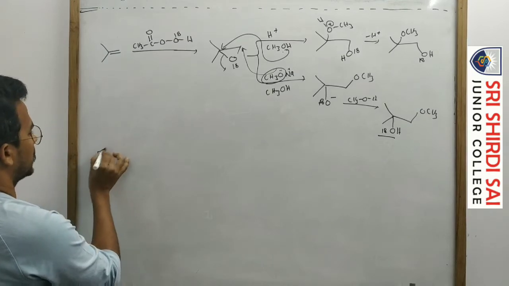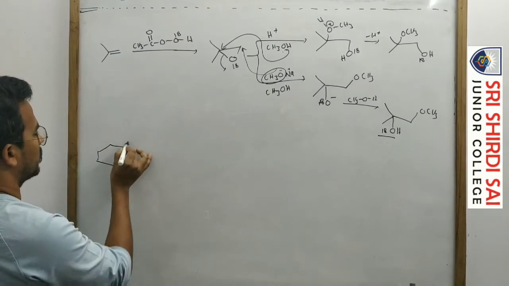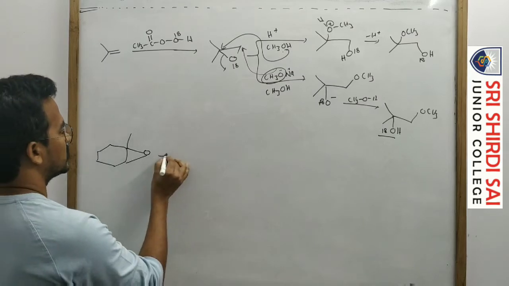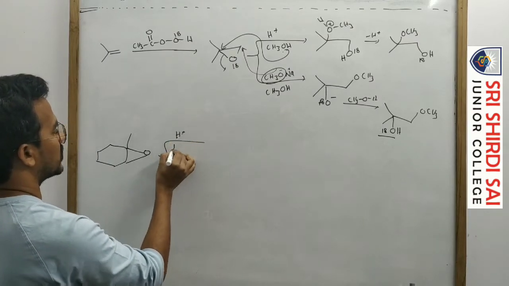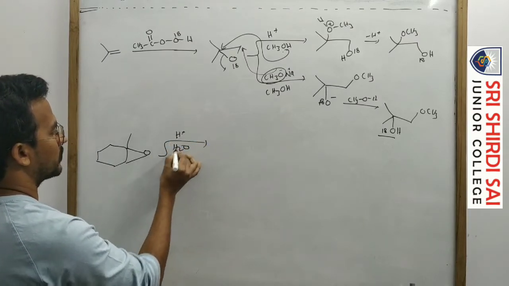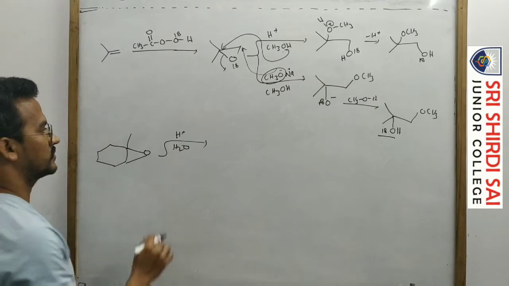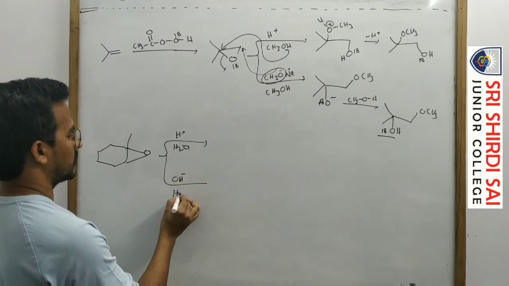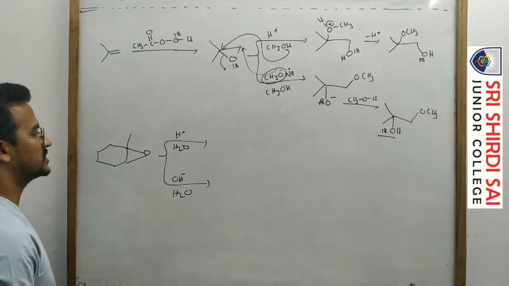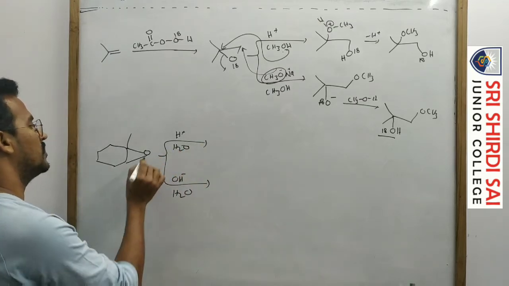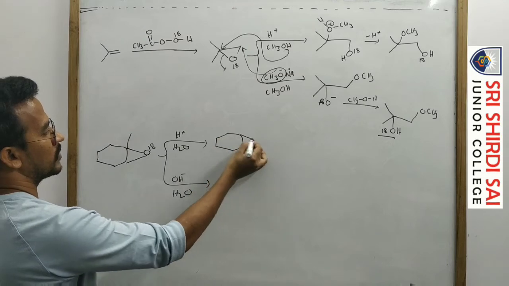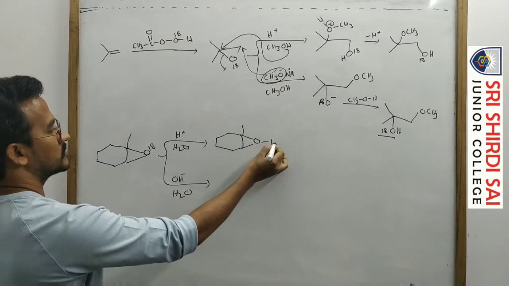Now suppose another reaction. This one I am treating with acid medium and water. Now basic medium and water. So in this case, first suppose it is an 18, protonation takes place.